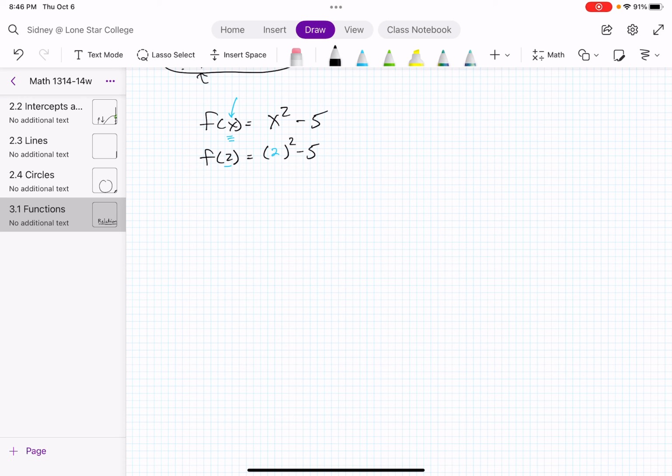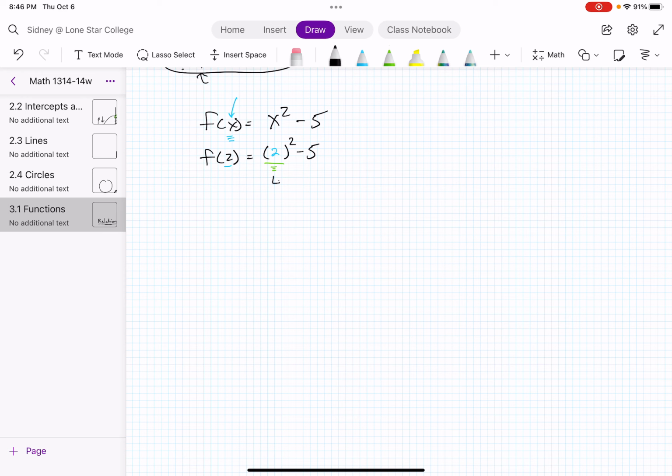So I plug in 2 right there, and I'm being very strategic in how I model this. You always want to substitute in with parentheses. The reason is that when you start dealing with negative numbers, which we'll do some examples of in a second, it can become very easy to mess up your positives and your negatives. You want to make certain that you substitute in parentheses because it will help you minimize the mistakes you make with signs. So f of 2 means plug 2 in, and then it's simply order of operations.